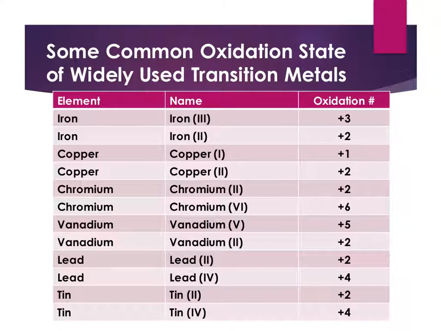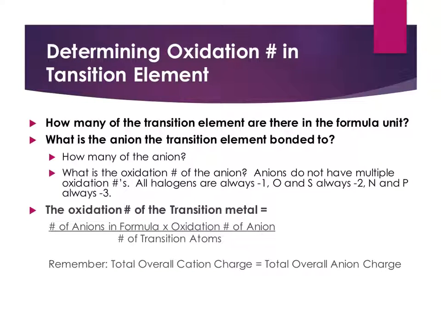Okay, and now we're going to figure out how do we assign these oxidation numbers based on our formula. Determining the oxidation number of a transition element in a formula is fairly straightforward. And you have to remember this really important and basic concept.